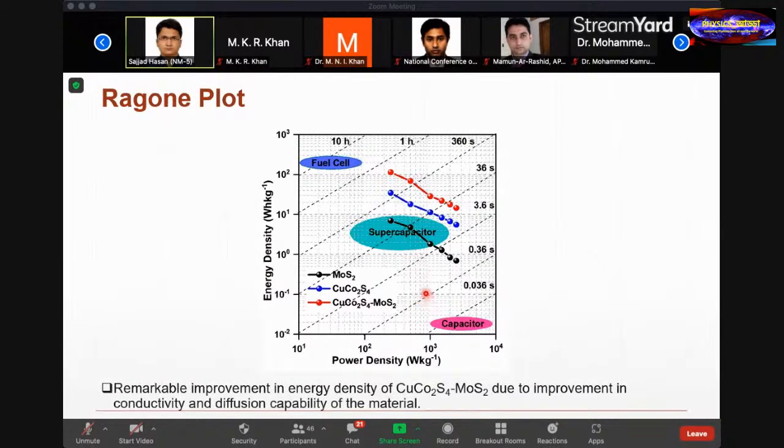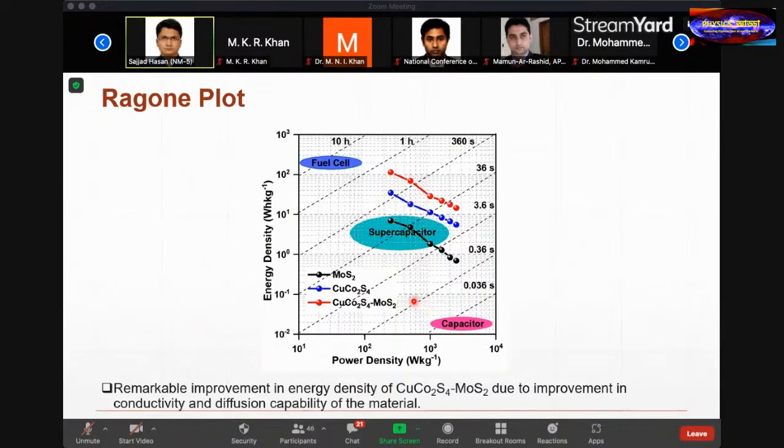Power density and energy density are critical factors in assessing the operational performance of an energy storage device. The relationship between power density and energy density is described through the Ragone plot. The figure shows the Ragone plot of molybdenum sulfide, copper cobalt sulfide, and the nanocomposite in comparison to other energy storage systems. As can be observed, incorporating MoS2 with copper cobalt sulfide has remarkably increased the energy density of the copper cobalt sulfide at the same power density.